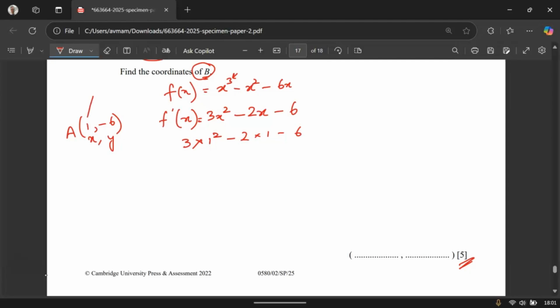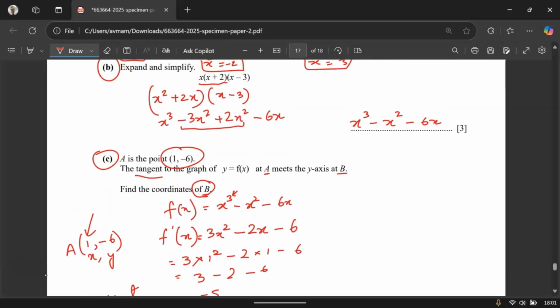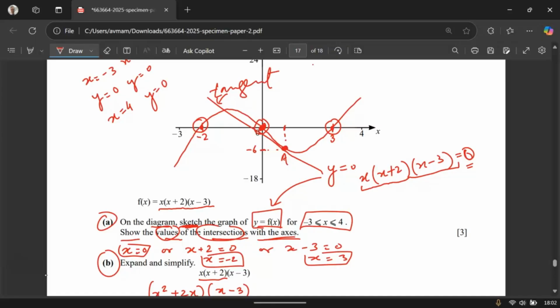We just substituted the value of x into the expression. So 3 times 1 squared is 3, minus 2 times 1 is minus 2, minus 6, and that will give me minus 5. So that is the gradient of the tangent. Where is the tangent? This line over here is the tangent, so that's the gradient.